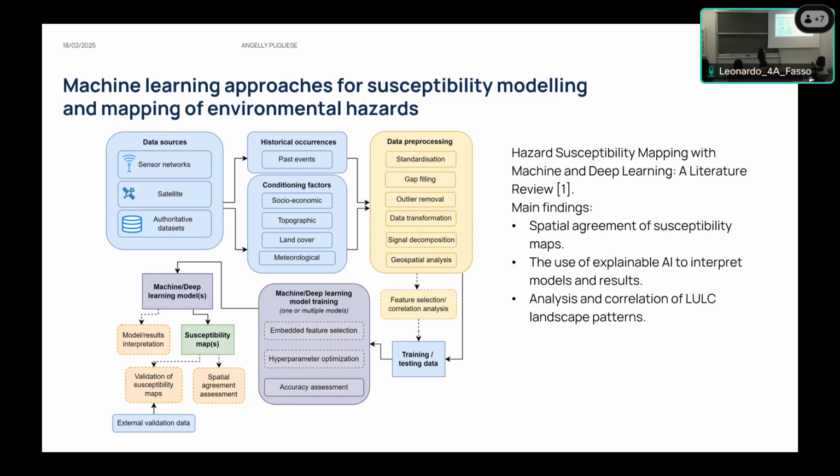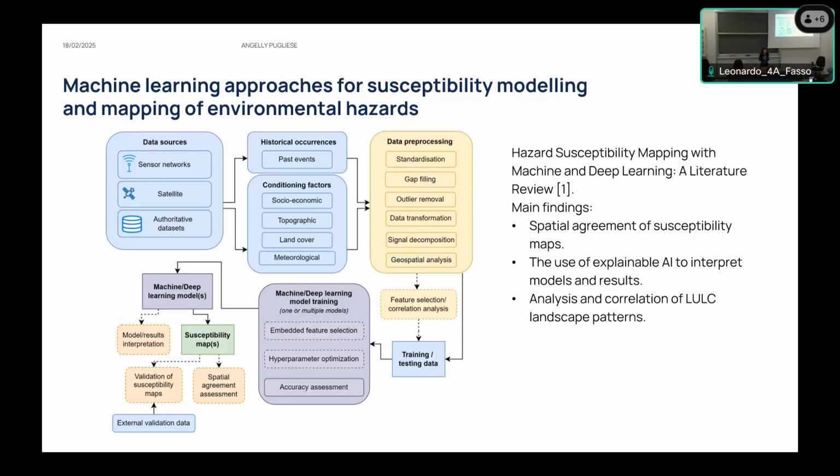This research was published with Professor Rovelli as a literature review on machine and deep learning for susceptibility mapping, focused particularly on air pollution, flooding, urban heat islands, and landslides. The main findings of this research were the spatial agreement of susceptibility maps. Multiple studies show modeling results, and the maps basically look different.